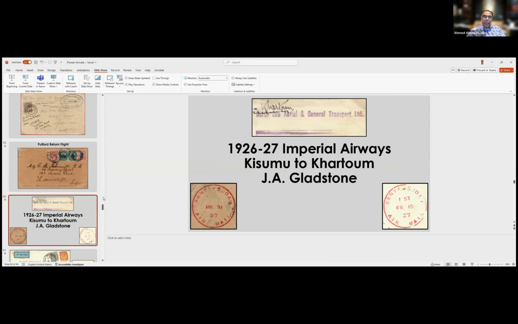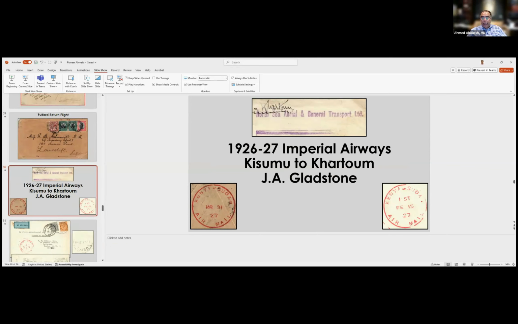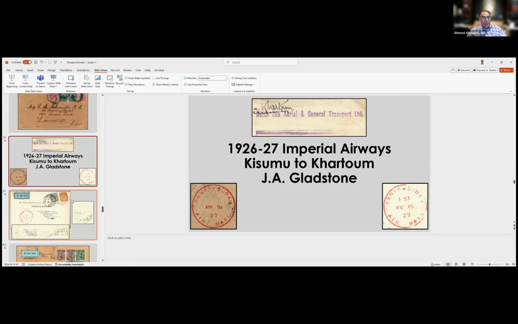Thereafter came the flights by Imperial Airways, who took over the route, Kisumu to Khartoum, by Captain Gladstone. There's a number of flights, and this was sort of plagued with multiple plane issues.